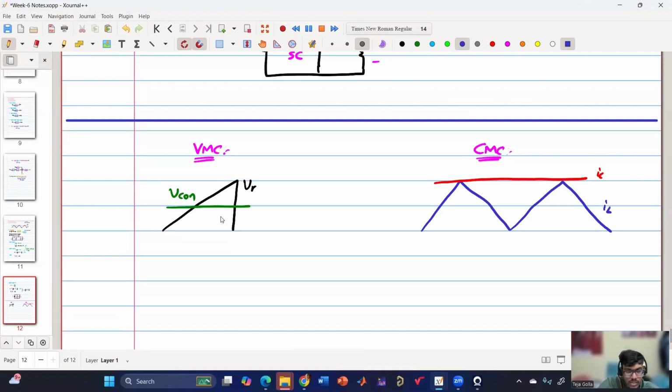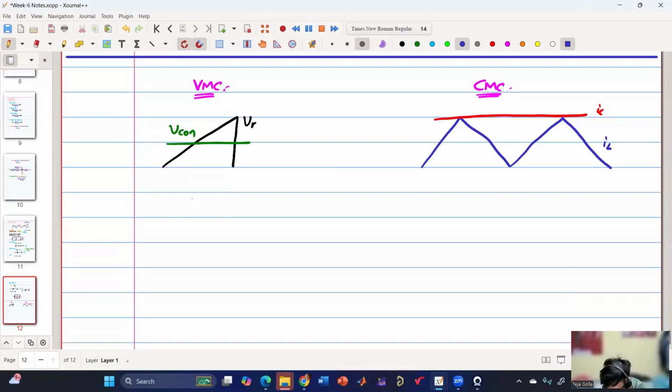So here the control input is duty ratio D, which is nothing but Vcon by Vm, assuming the maximum voltage of the ramp is Vm. Say Vm is 1, sometimes Vm is 1. So it is Vcon.